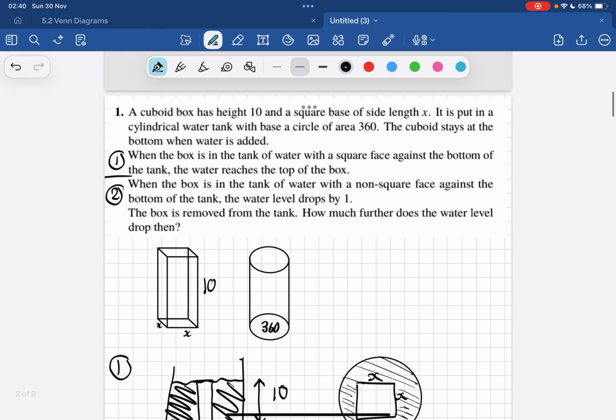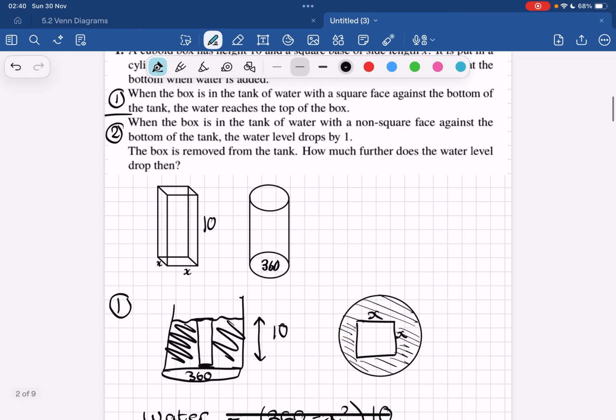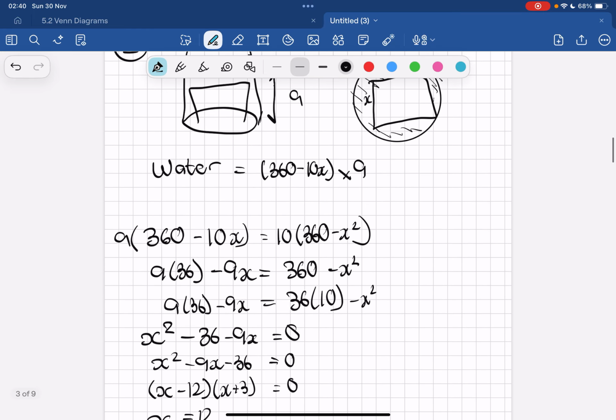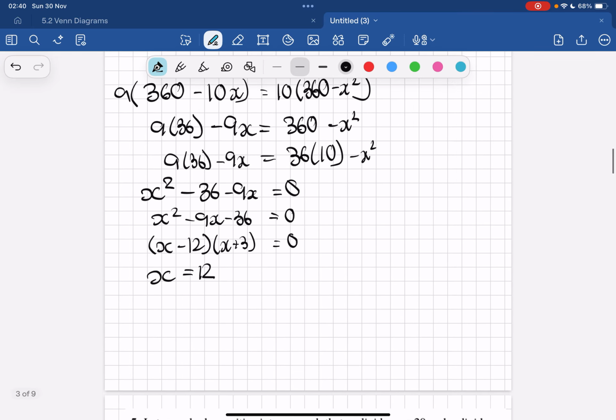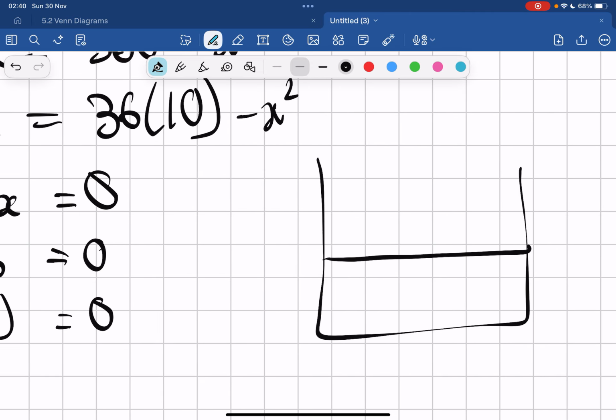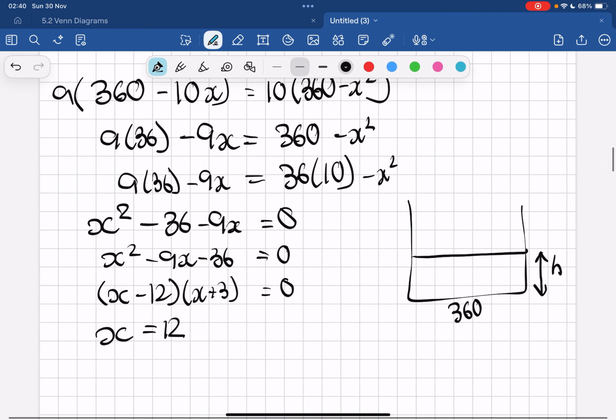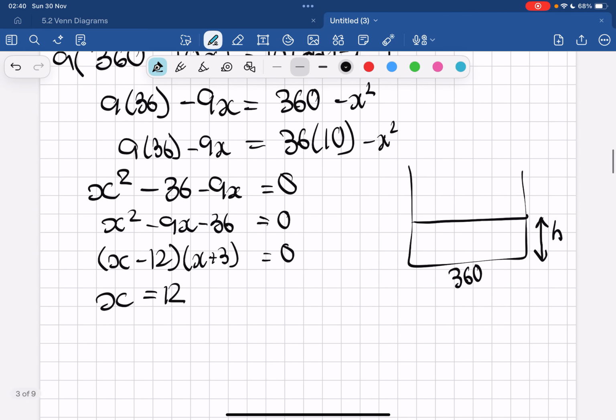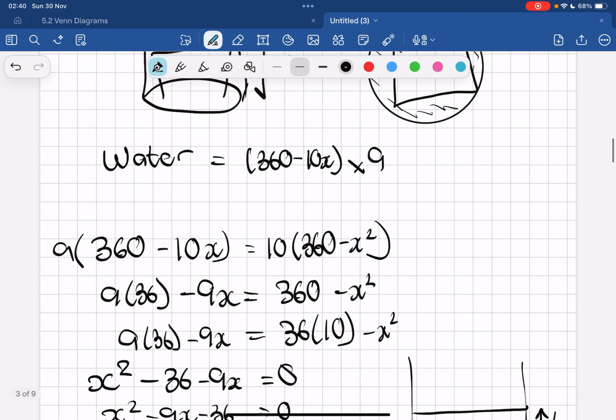The last part of the question says that we need to find out how much further the water level drops. So when the box is removed, we've got water with height, let's say h. We've got base 360 and we've got volume. We can use x equals 12 to find our volume.